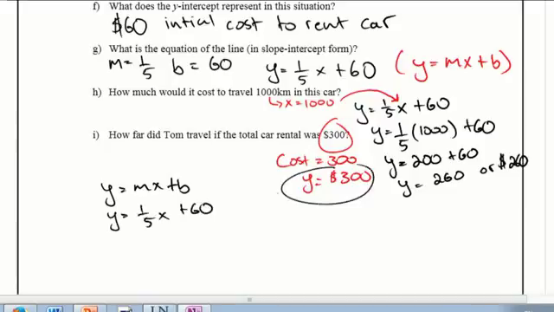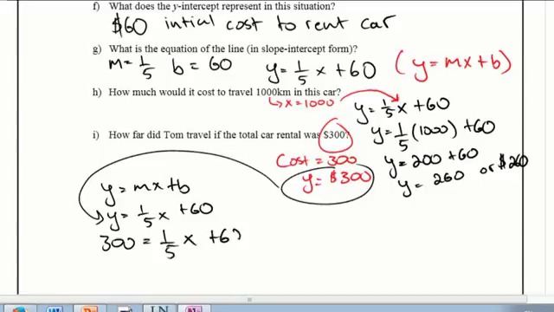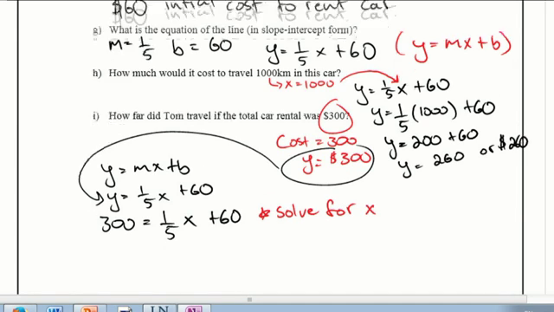And it's saying, okay, the cost was 300. How far did you go? So 300 is equal to 1 over 5 times the distance plus that initial cost of 60. So we're going to solve for the only variable we have left, x.